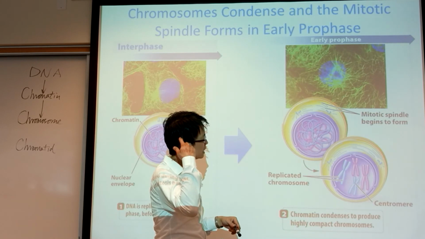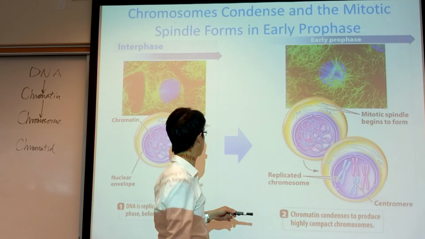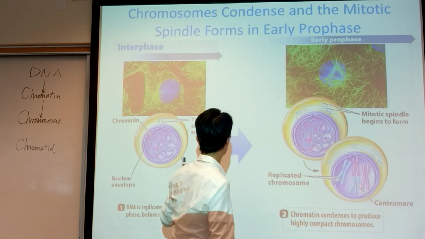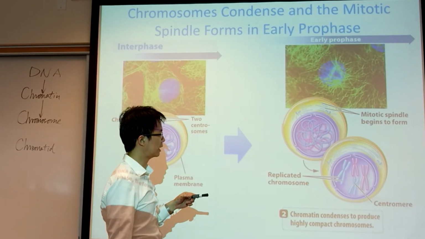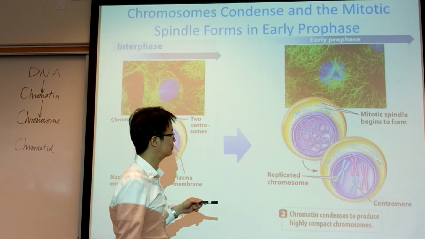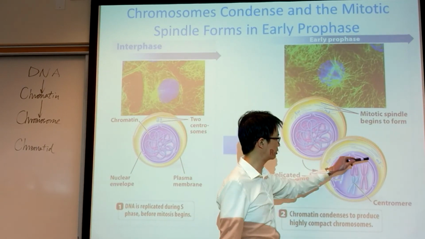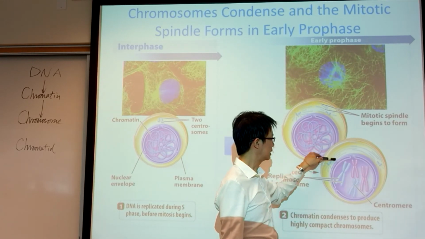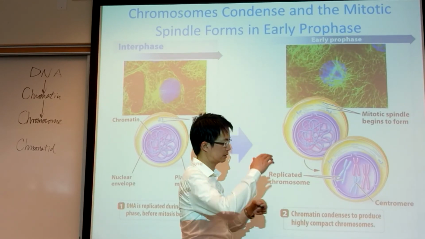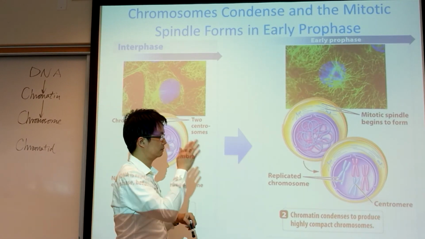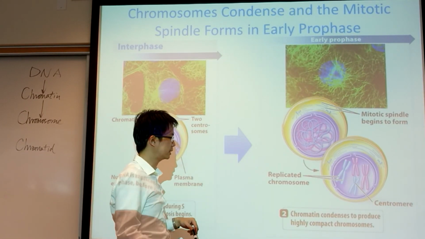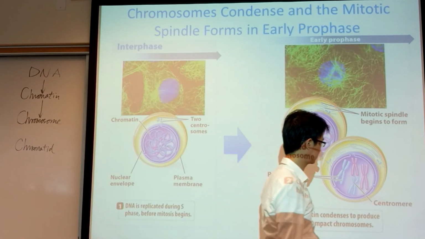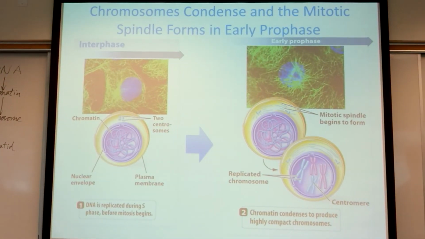There are also other characteristics: in prophase you can start seeing chromosomes instead of chromatin. Also, the two centrosomes move to perpendicular positions against each other.